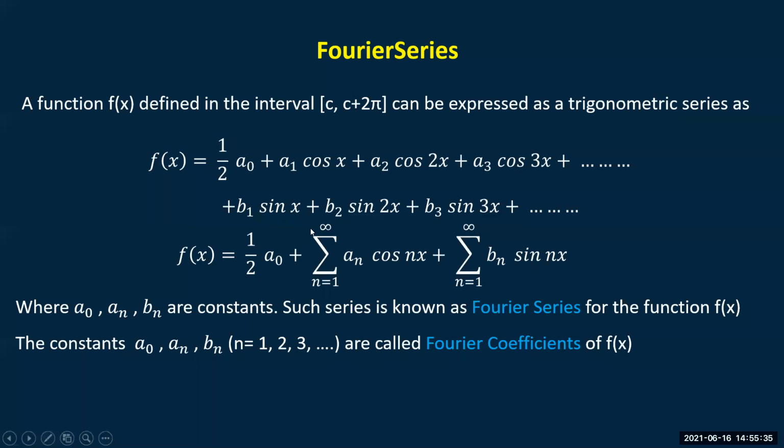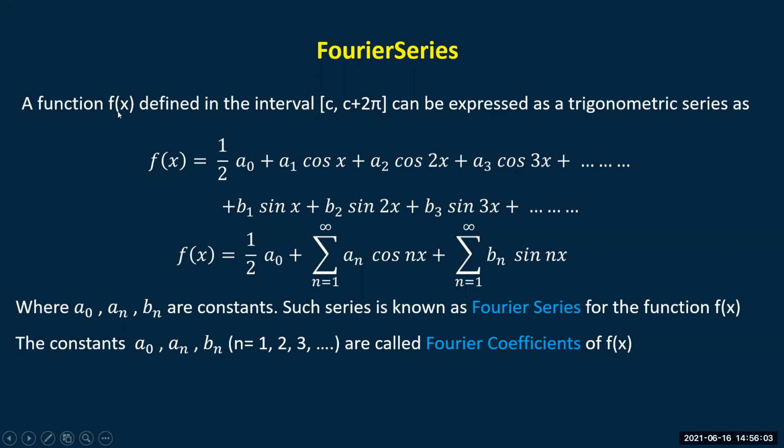As we know, sin x and cosine are 2 pi periodic functions. That's why, while writing the Fourier series expansion, whatever function f of x you are considering must be defined in an interval of length 2 pi like this. That's how you see I've taken the interval as c comma c plus 2 pi, right?